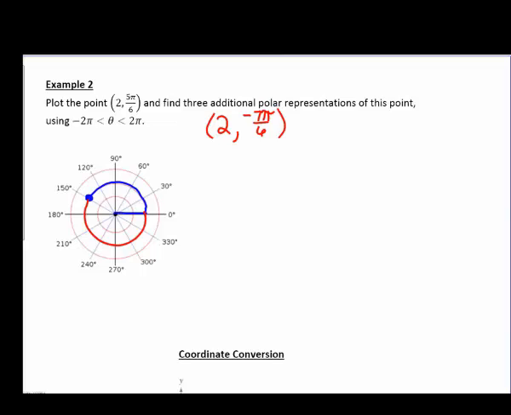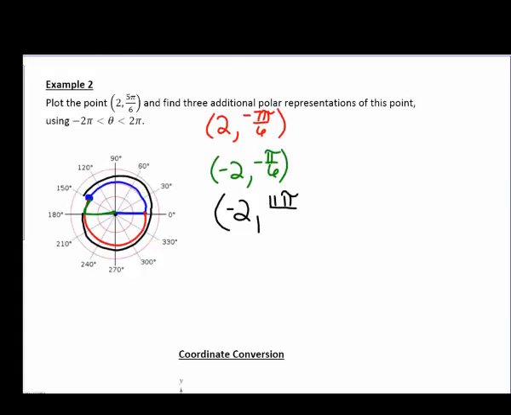Now let's take a look at what the points would be if we had a negative 2. So we're going left out to that second ring, and then we could go up. That's still a negative direction for an angle because it's clockwise, and so we only went pi over 6 radians there. And then we can also go out to that negative 2 and go counterclockwise, which will be a positive angle, and that positive angle, again with negative 2 for the r, has a value of 11 pi over 6.